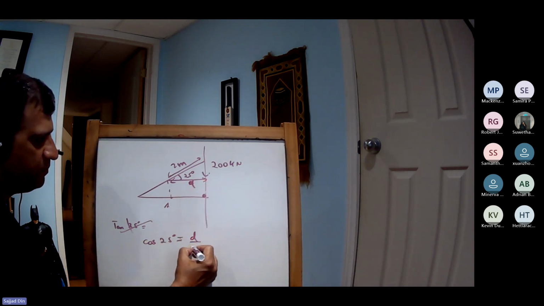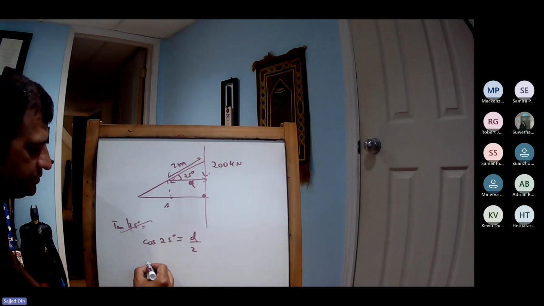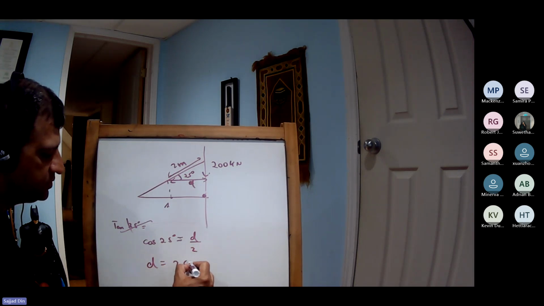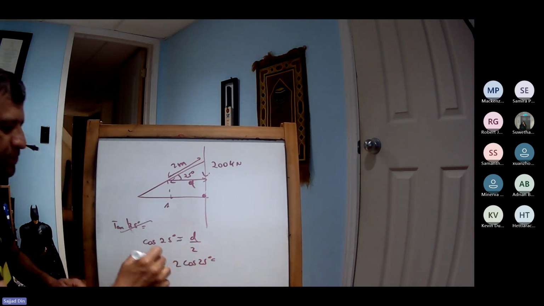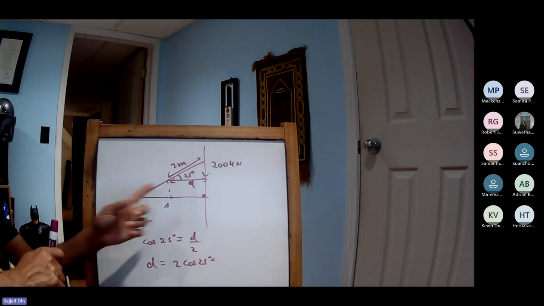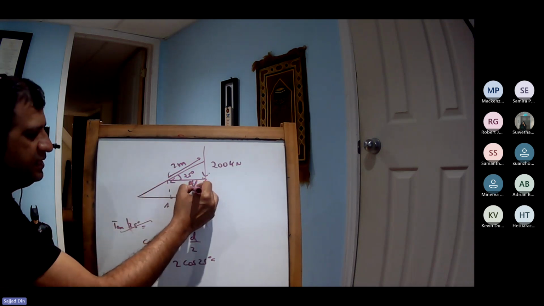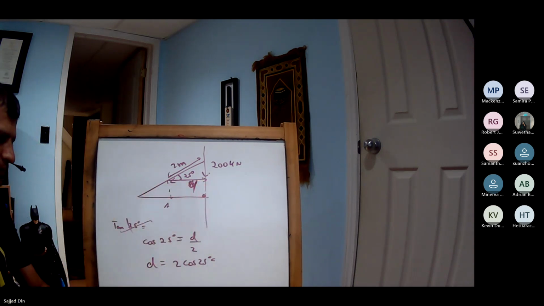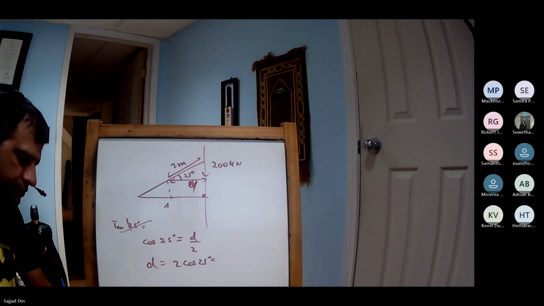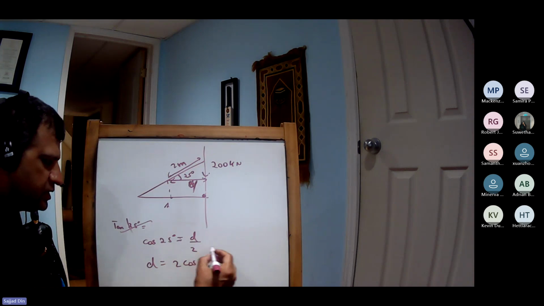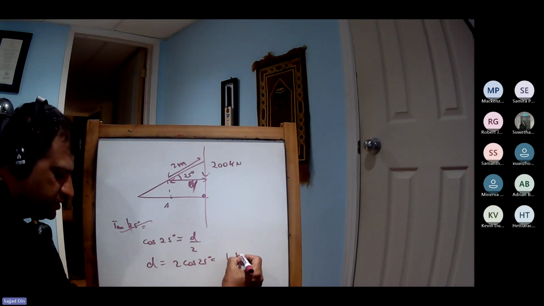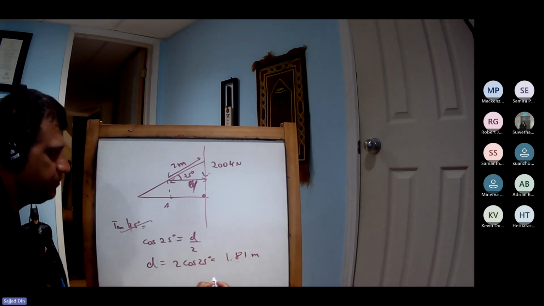Adjacent over hypotenuse, which is 2. So d is going to be equal to 2 times cosine 25 degrees. And that'll give us that distance that we're looking for, distance d. So that will give us a distance of 1.81 meters.